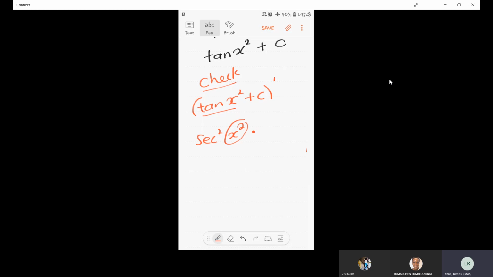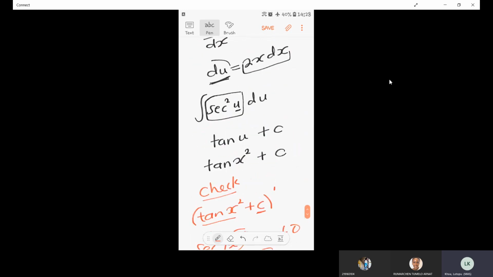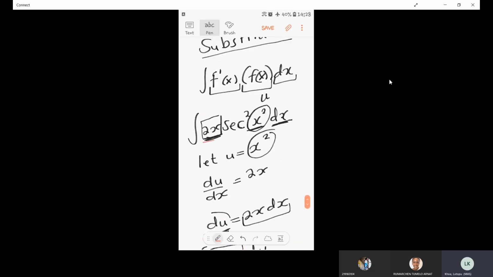The derivative of the inside is 2x. Plus 0, because when we differentiate a constant, we get 0. So this is just 2x sec squared of x squared, right? And this is exactly what we were trying to integrate over here.